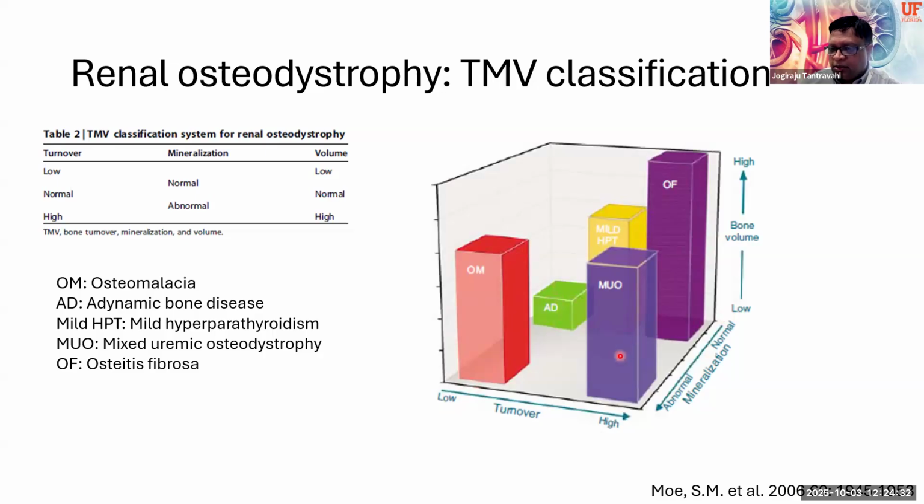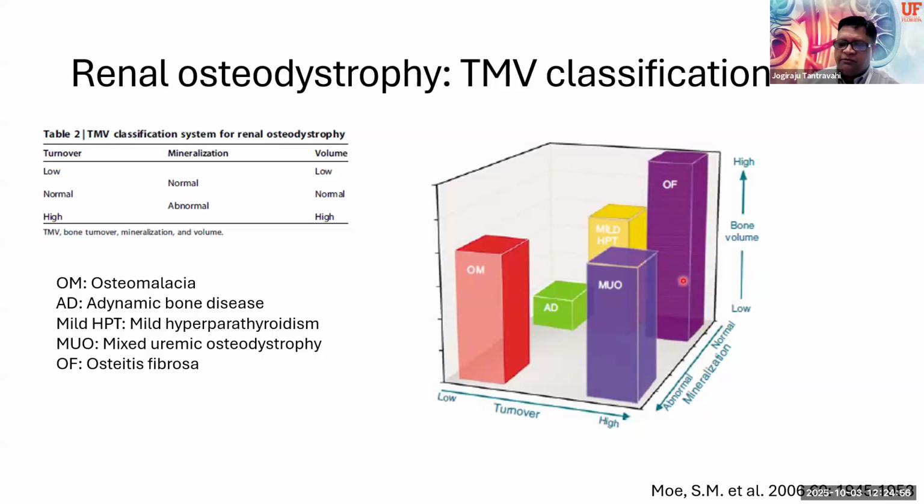Mixed uremic osteodystrophy usually has high turnover, but can have any number of bone volume and mineralization. Similarly, osteitis fibrosa, the scale of bone volume can go from low to high, but usually it's a high turnover disease.